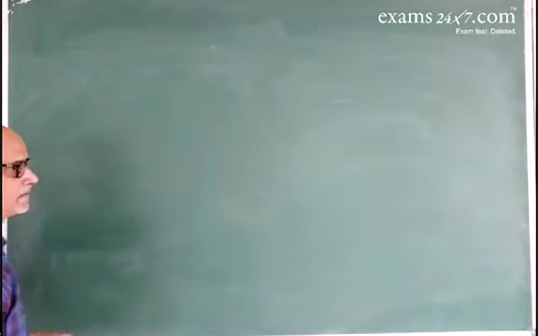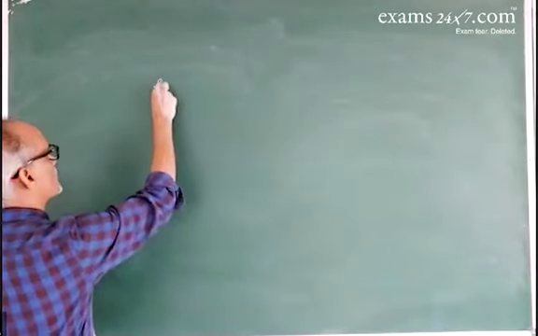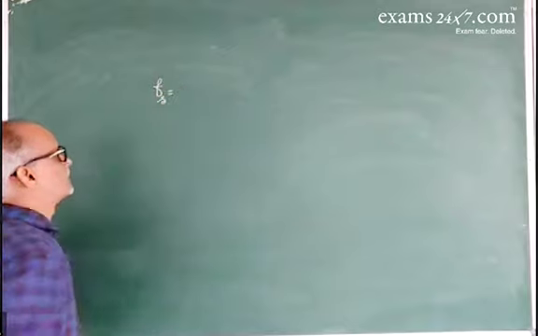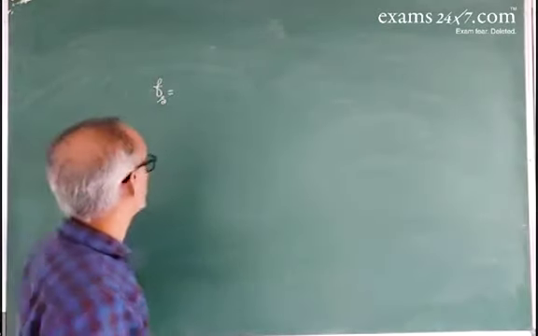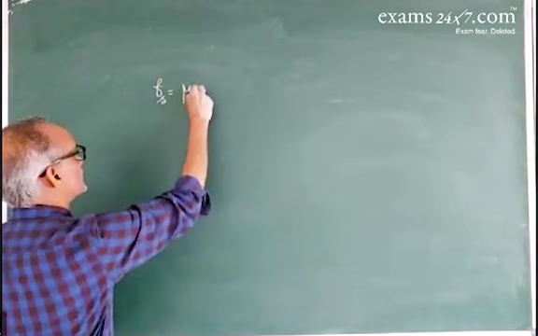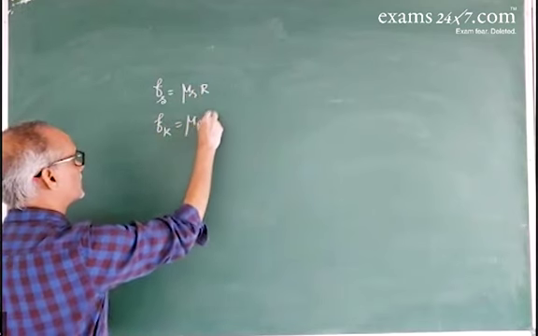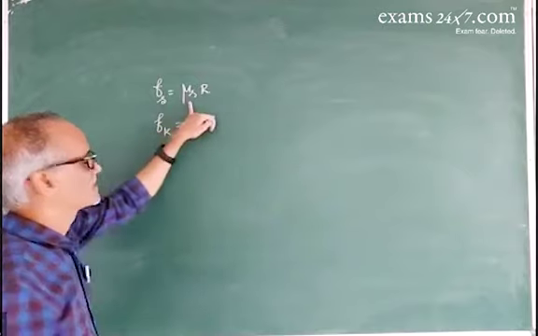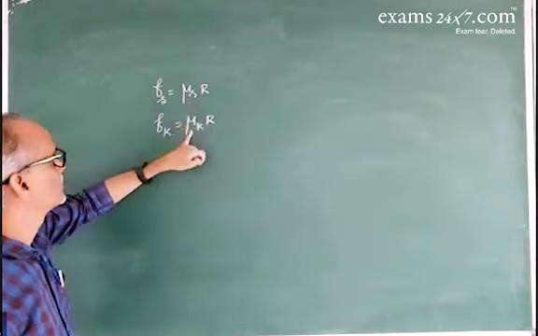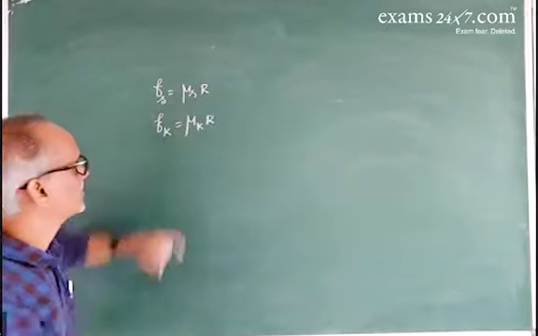The other concept in that same chapter is frictional force. The force of limiting friction, Fs, is equal to mu s into R, and Fk is equal to mu k into R. Mu s is the coefficient of static friction, mu k the coefficient of kinetic friction, and R is the normal reaction.